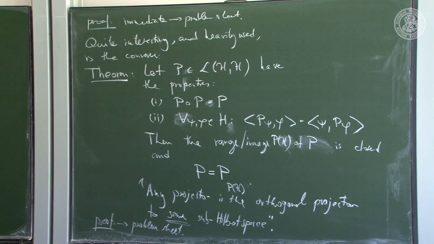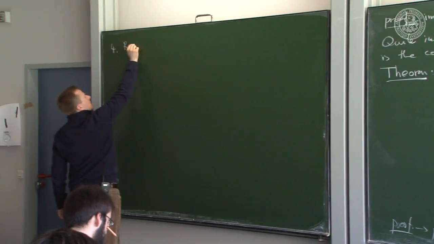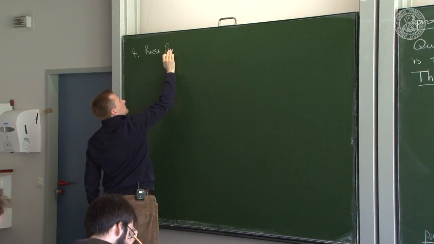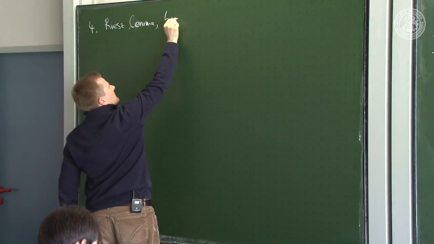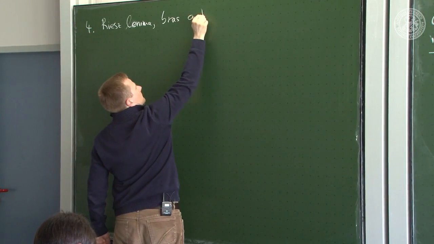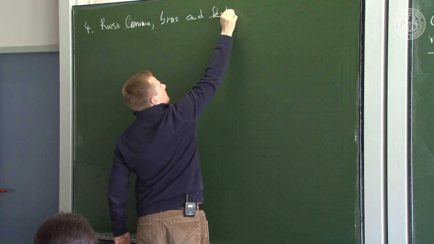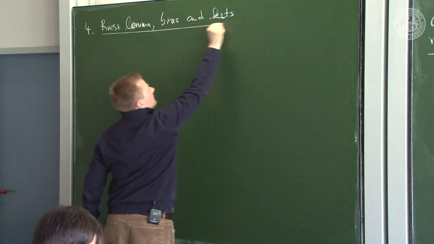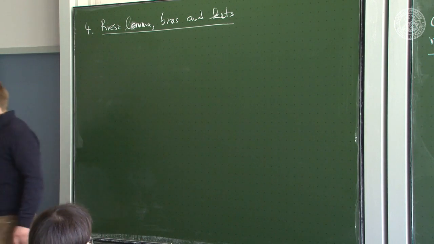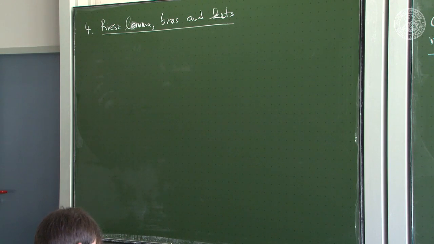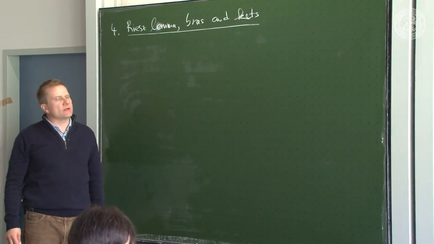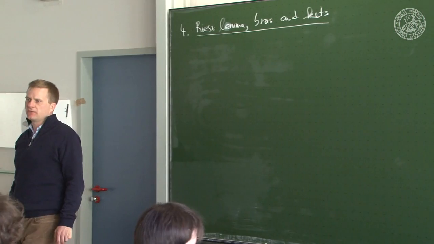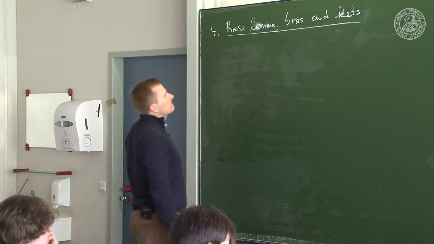So final section is the Riesz lemma, bras and kets. So the Riesz lemma is saying about how you can understand the dual space of a Hilbert space.